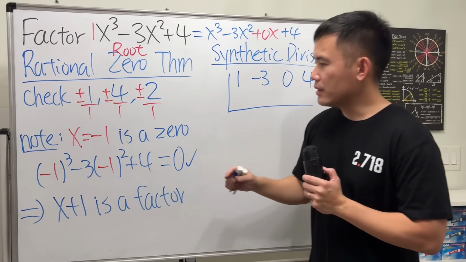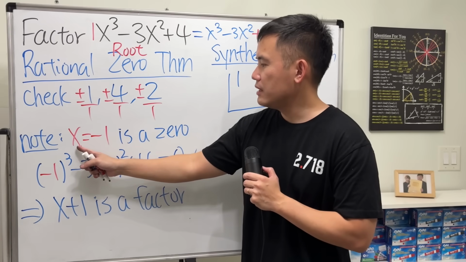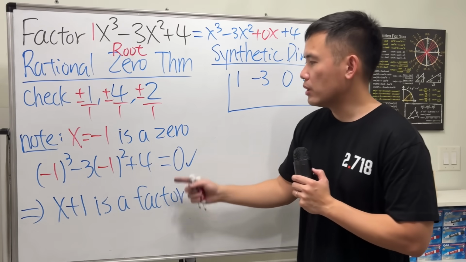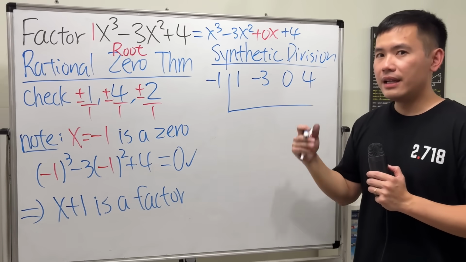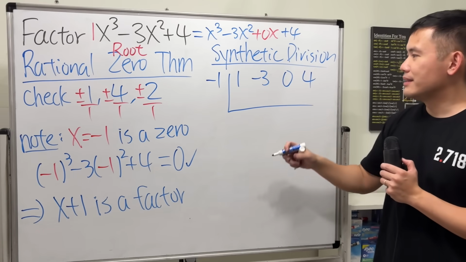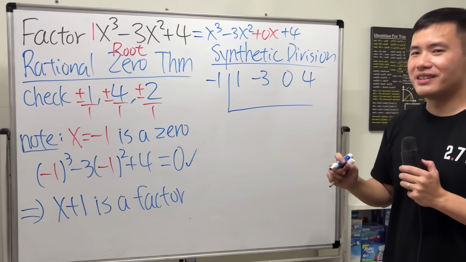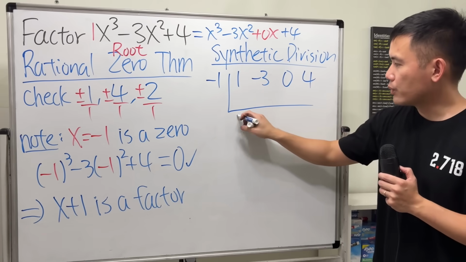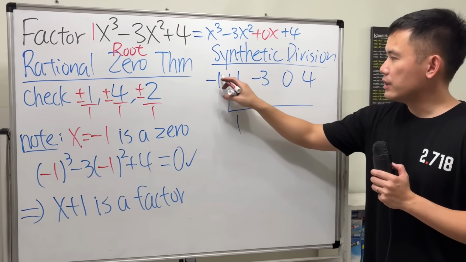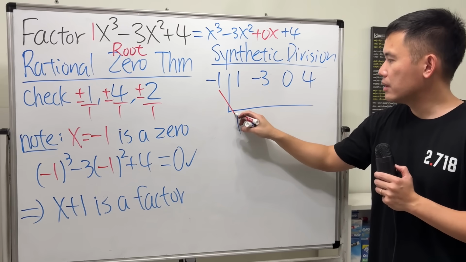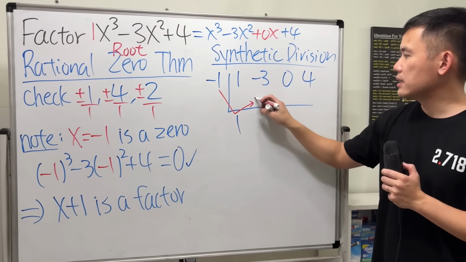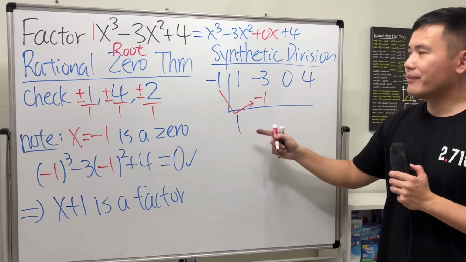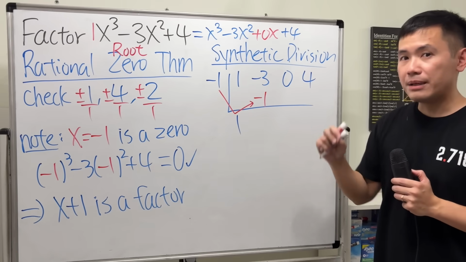Then, to continue, notice that we have x equal to negative 1 giving 0. Put down the negative 1 right here. And this is how you start with the synthetic division. You first bring down this number, which is 1. And then you take this number times this number and put down the result here. Negative 1 times 1 is negative 1. Then add them up.